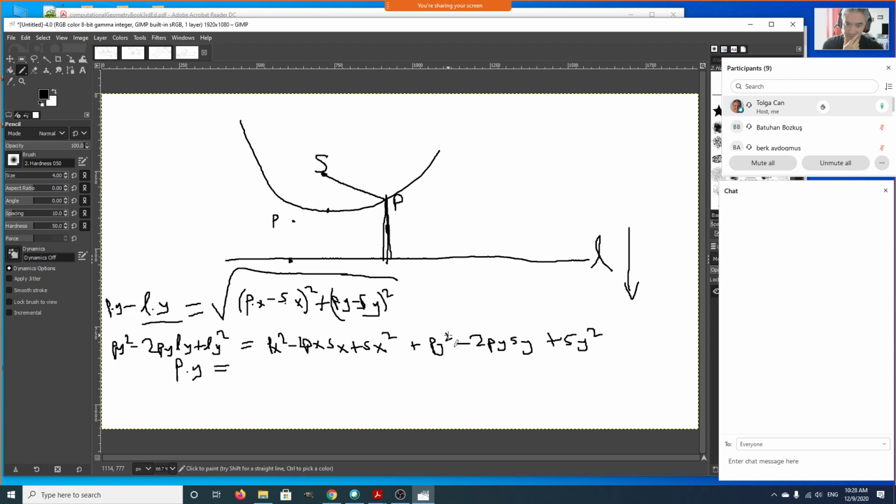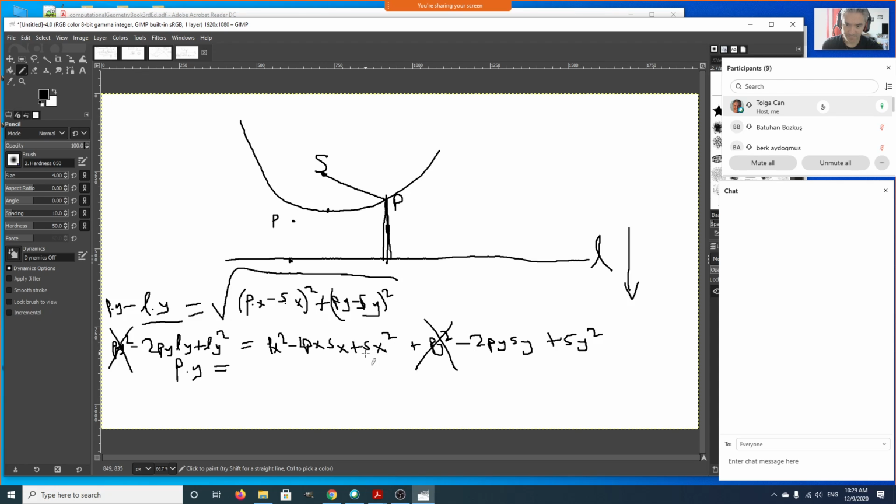Now what is interesting here is that look at these two py squares. They cancel out. In other words, when we are trying to write py in terms of px, there is no py squared term here. Ly squared is a constant. Sy squared is a constant.